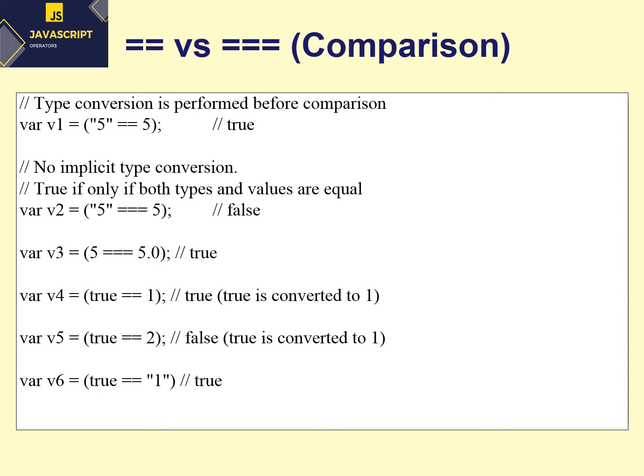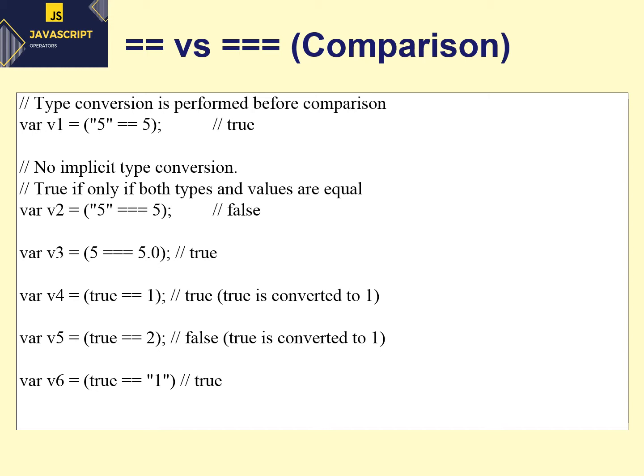We have to check 5 in double quotes with 5 without double quotes. So here equal to checks the character or value in it. Both the characters are 5, so it produces a true value. Type conversion is performed in this particular comparison.